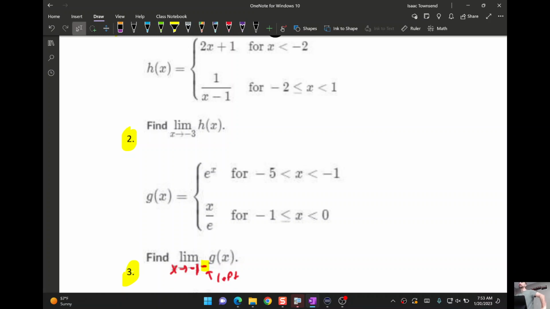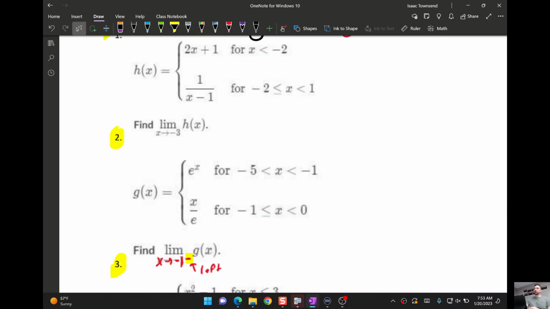Let's check 2 and 3 and see if you need to ask about those. So 2 wants to know the limit as x approaches -3, so that means we got to check from the left and the right. You should not have used the bottom of this at all. Slightly from the left of -3 and slightly from the right of -3 has nothing to do with values from -2 to 1. This is just there as a distractor.